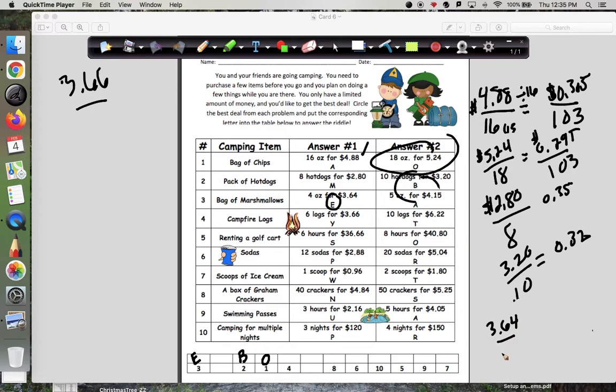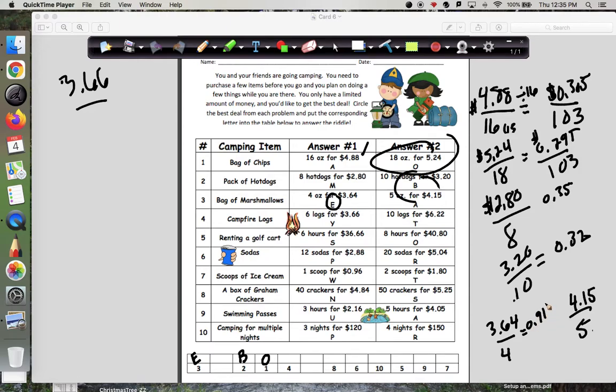$3.64 divided by 4 compared to $4.15 divided by 5. So 3.64 divided by 4 is 91 cents, and we're looking for the smallest number.